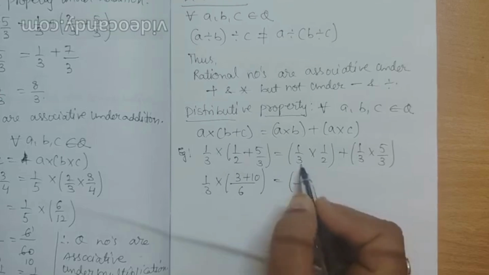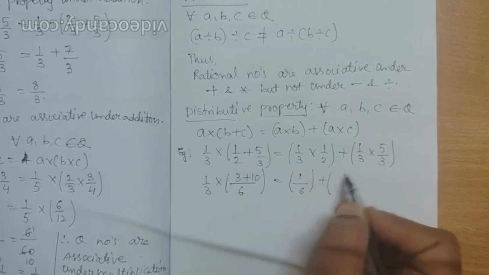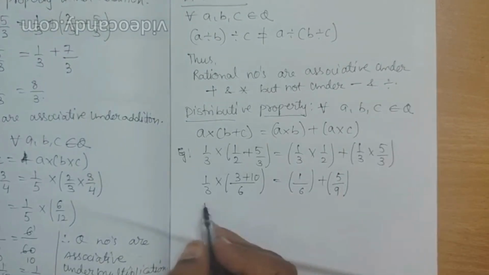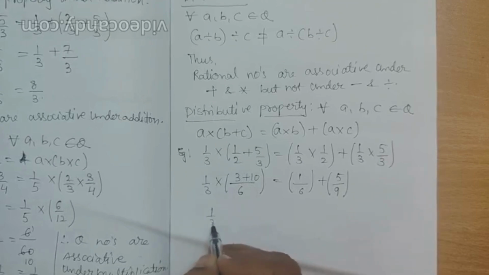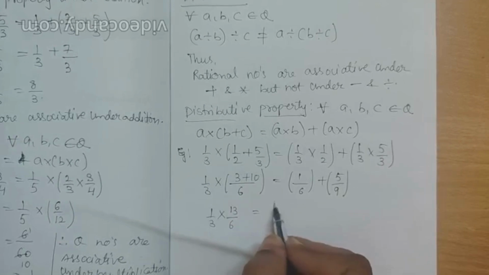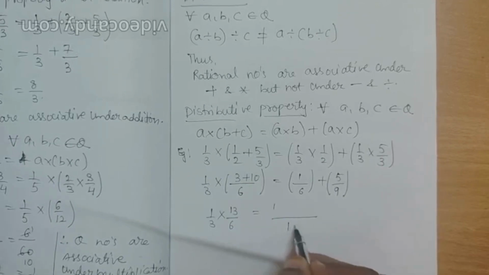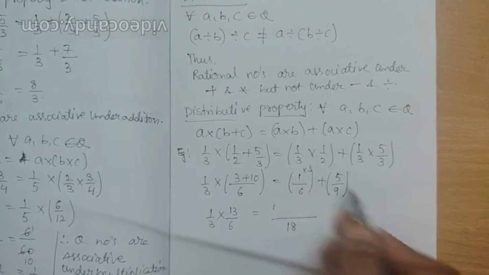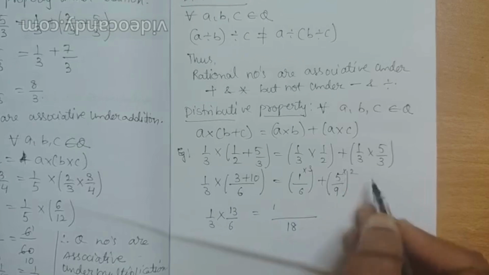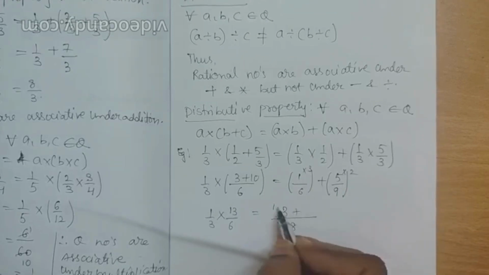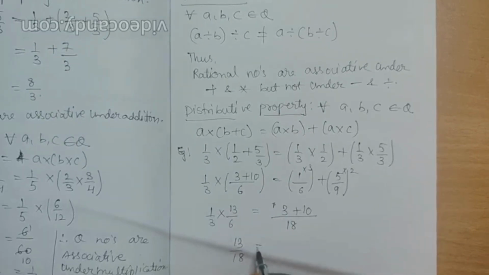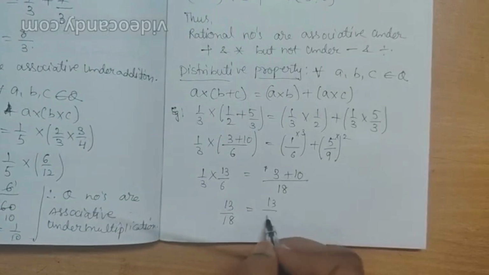Here 1 ones are 1, 3 twos are 6 plus 1 fives are 5, 3 threes are 9. 1/3 into 13/6 is equal to LCM 18, 6 threes are 18, so into 3, 9 twos are 18, so into 2. 1 threes are 3. 5 twos are 10. 13/18 is equal to 13/18.